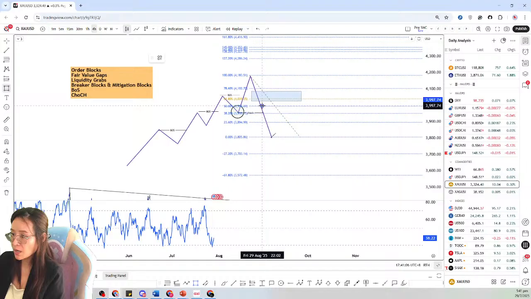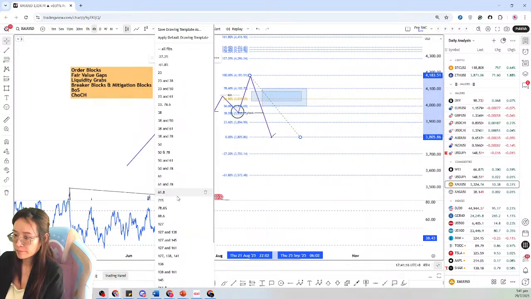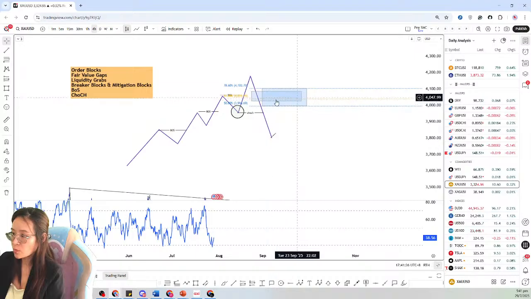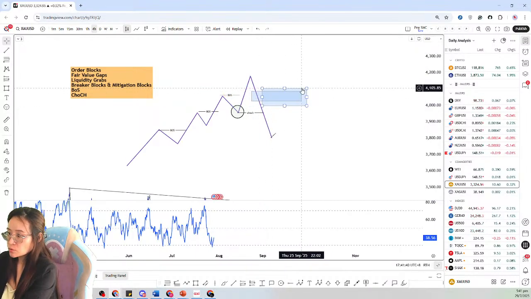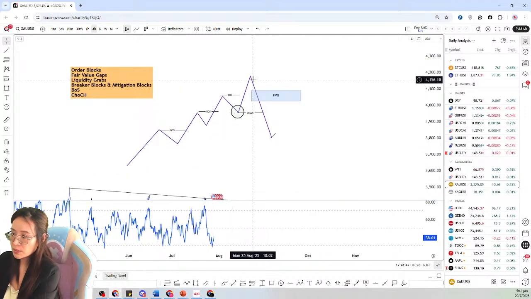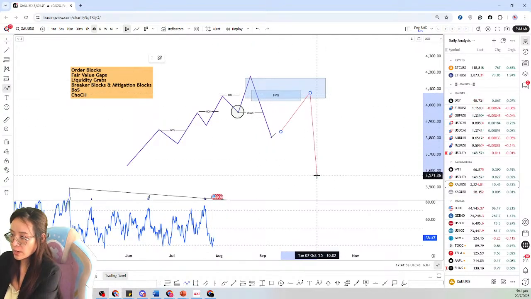Your sell entry should be at least the 50 to 78.6% fib level, 61.8 around this zone, or the retrace could be somewhere around your FVG, or the order block somewhere here.